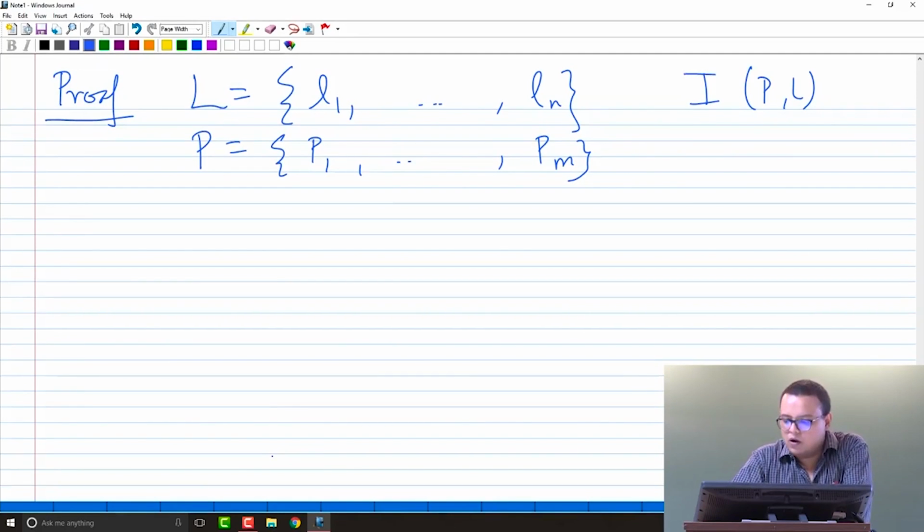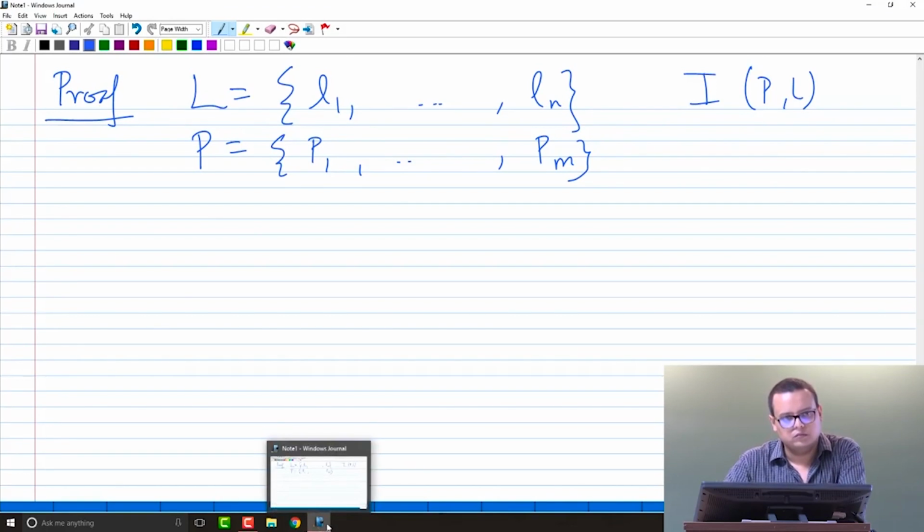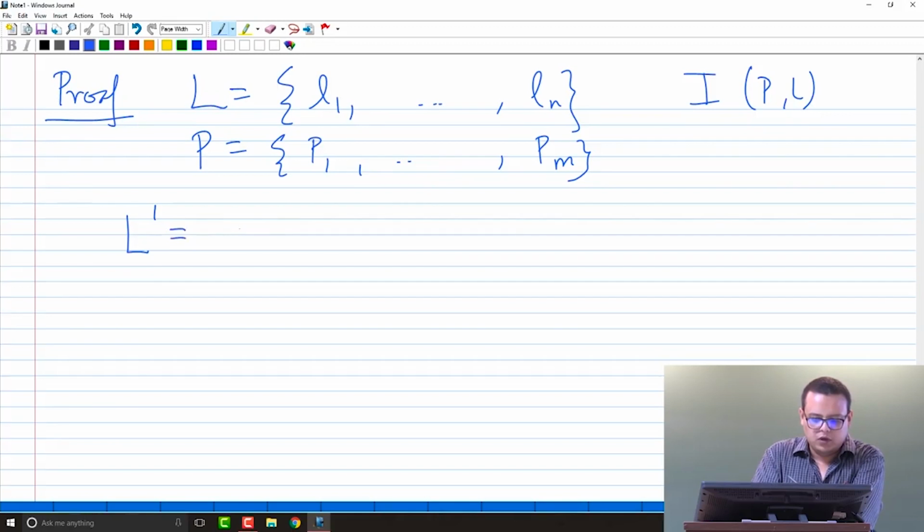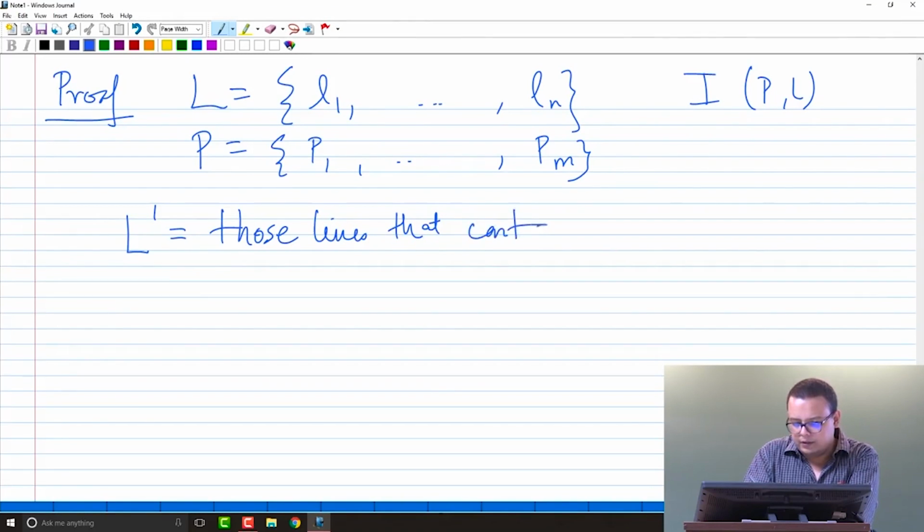Now, let's try to filter these lines even further. What I do is, I will keep only those lines that contain at least 2 points. Okay, so L prime, those lines that contain at least 2 points.